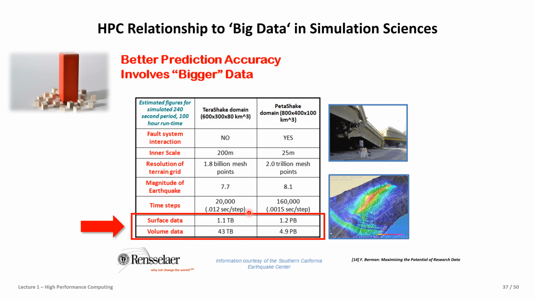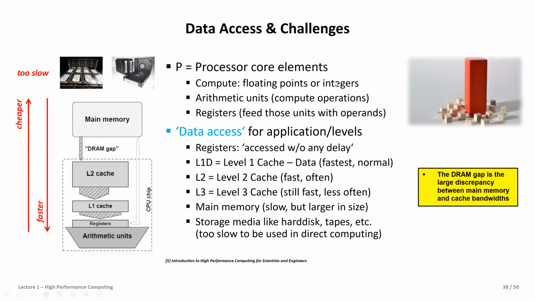But when we increase this to 1 trillion mesh points, so much more accurate, with a bigger domain, then of course we increase the data significantly. Suddenly we have 1.2 petabytes of surface data or 4.9 petabytes of volume data. Of course, this means better prediction accuracy, and this also means bigger data.